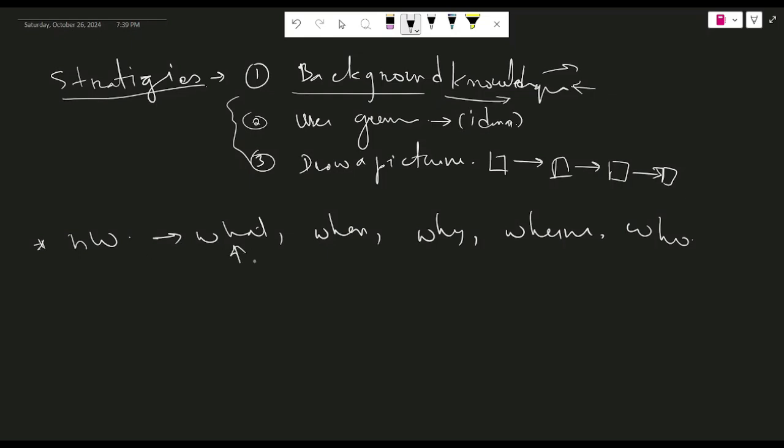First, what: what is the problem? Second, when: the time period or time frame. Next, why you should solve the problem: what is the cause, the root of the problem? Then where you have to solve it, and what you have to use. And who: for whom you are solving that problem.